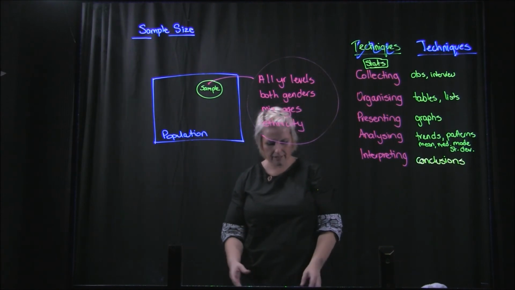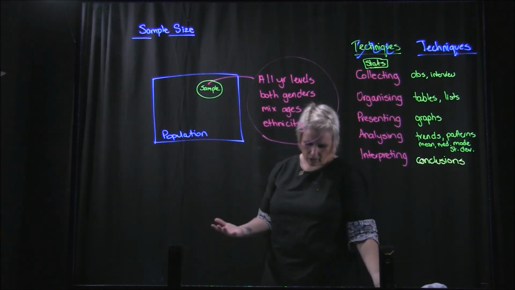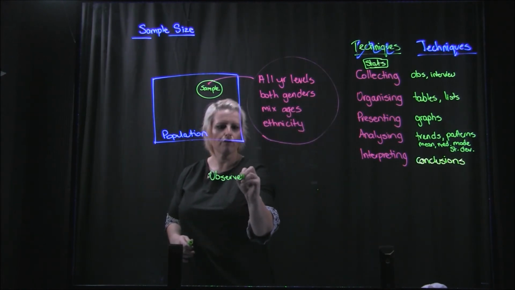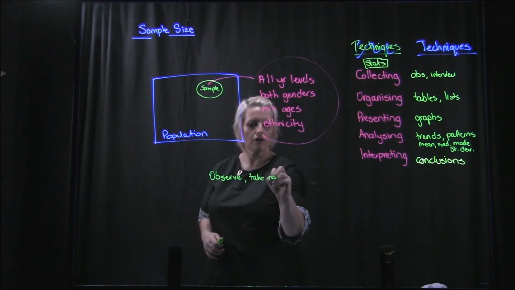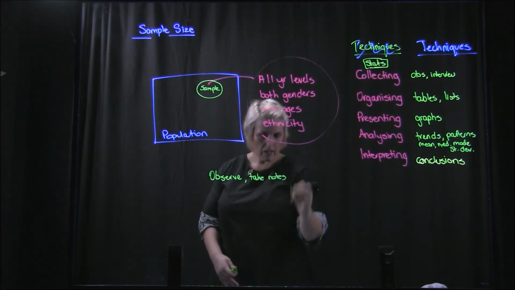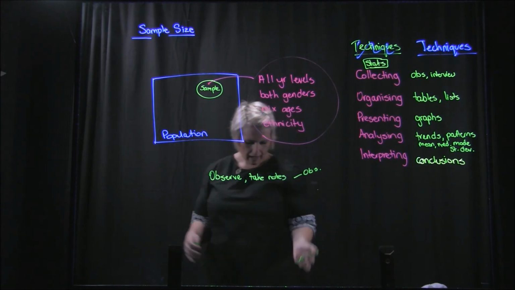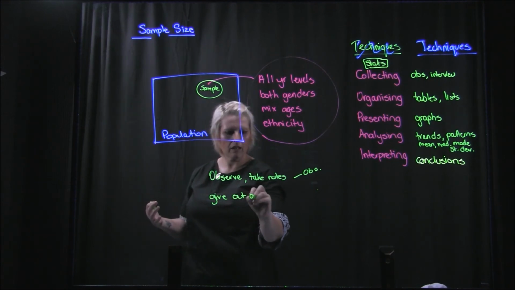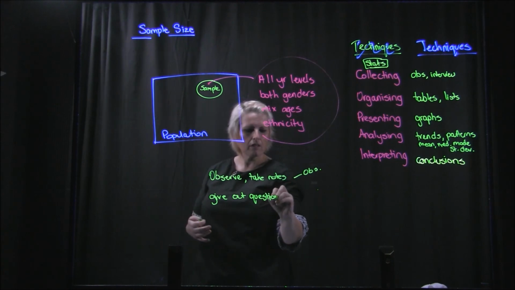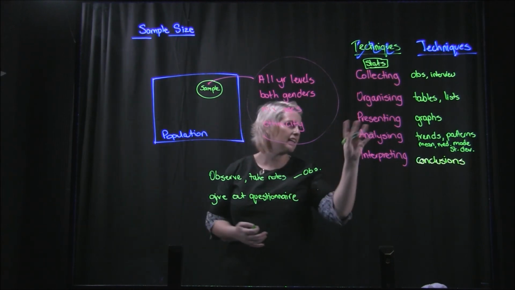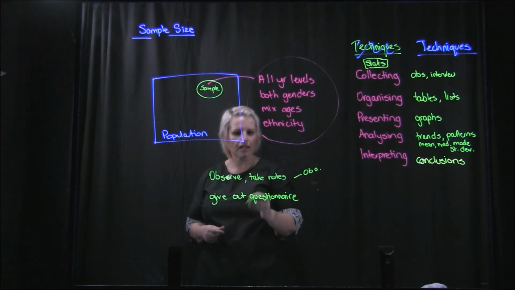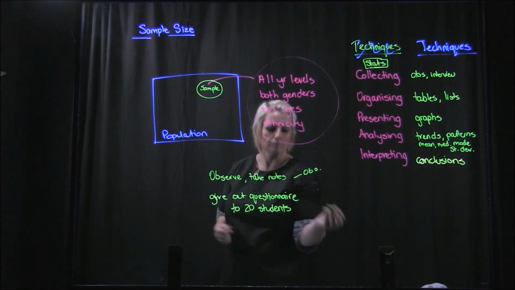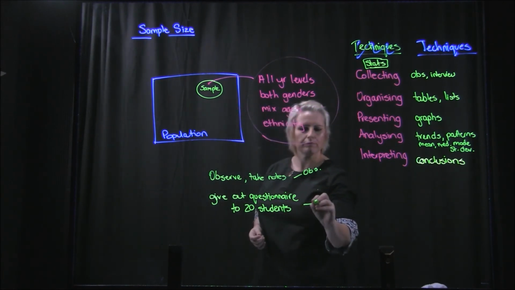Lastly, we can look at basic data collection. If we observe and take notes, this is observation. Then if we give out a questionnaire to like 20 students, then we're taking a sample.